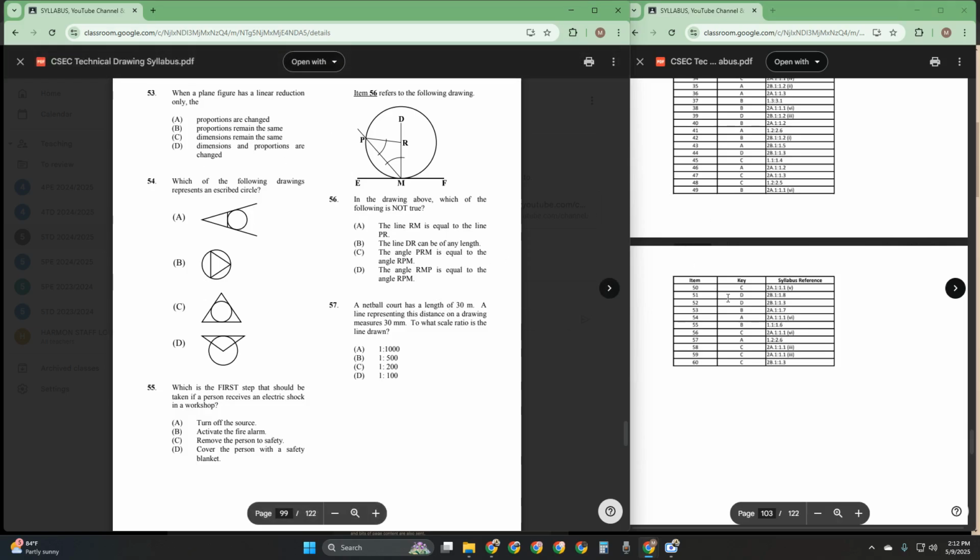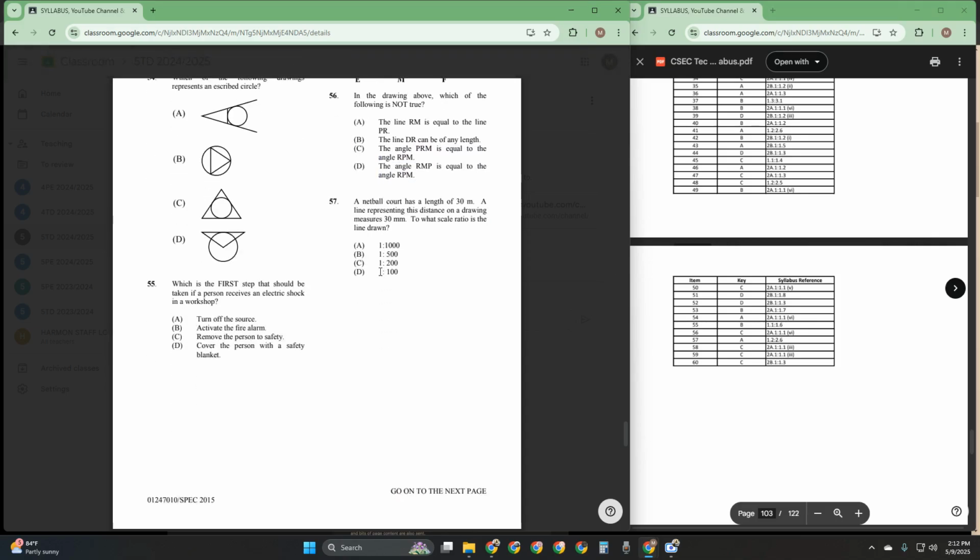Let's see what they say. 56. They said it's C, and I agree. The angle PRM is equal to the angle RPM. That could never be correct. So number 56, C. 57, a netball court has a length of 30 meters.